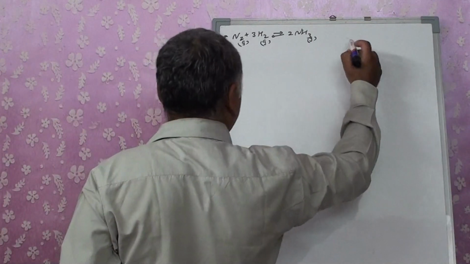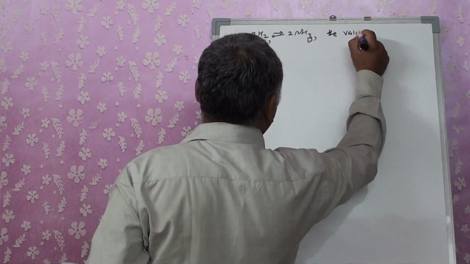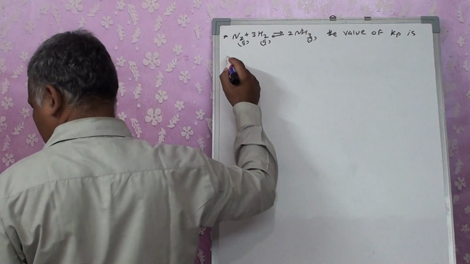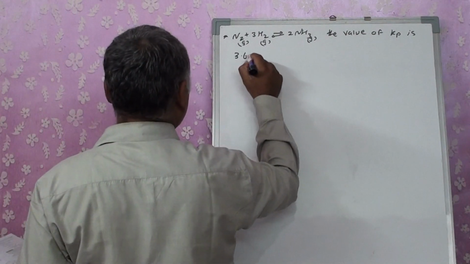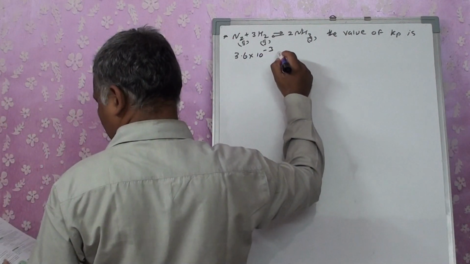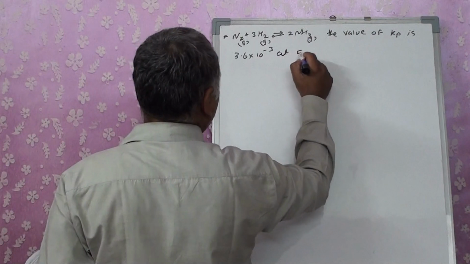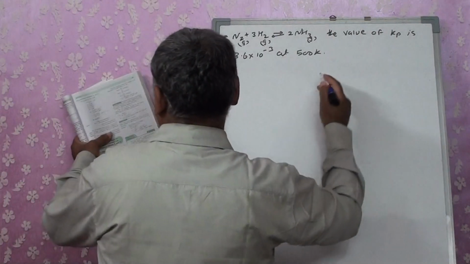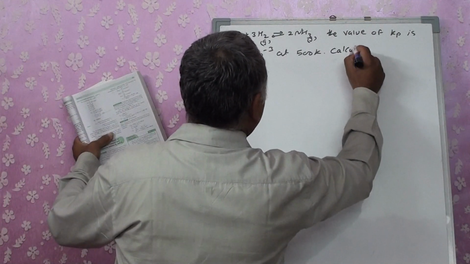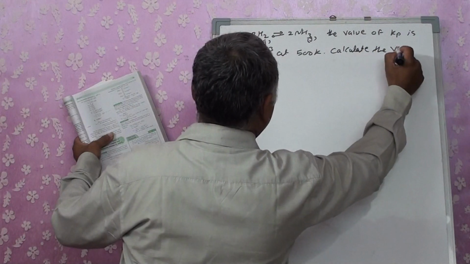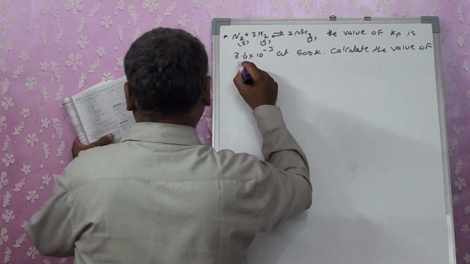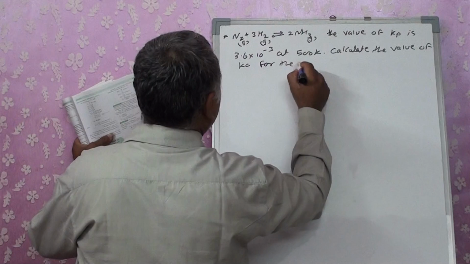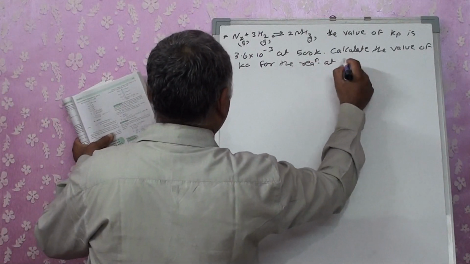The value of Kp is 3.6 into 10 raised to minus 3 at 500 K. Calculate the value of Kc for the reaction.